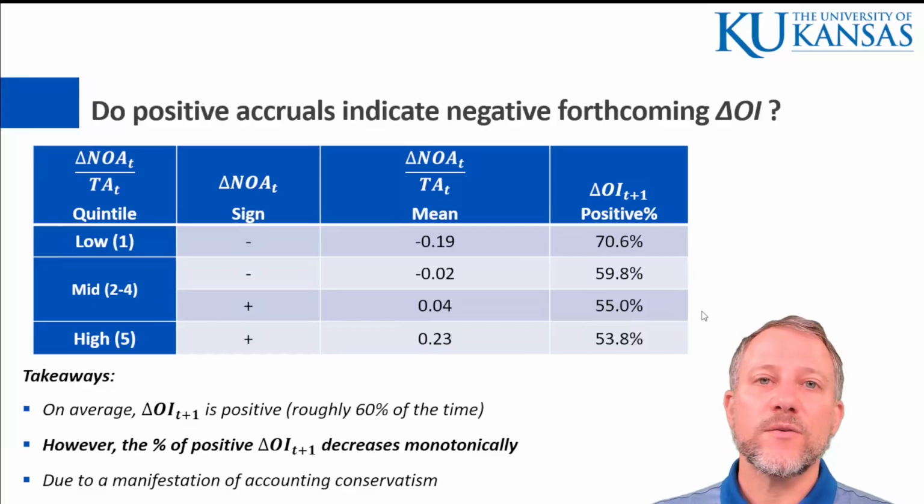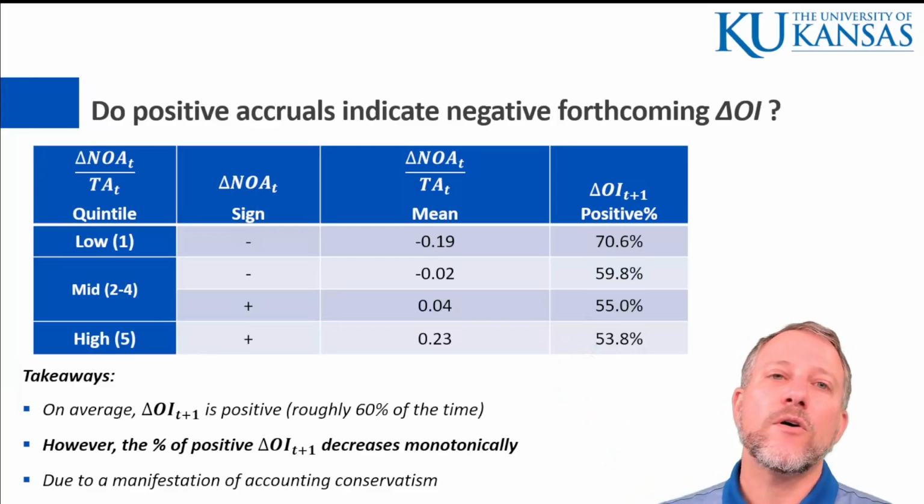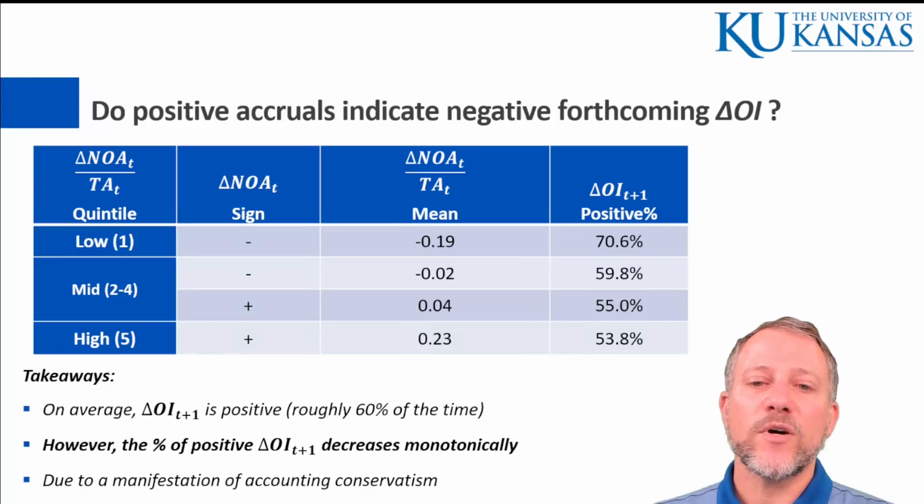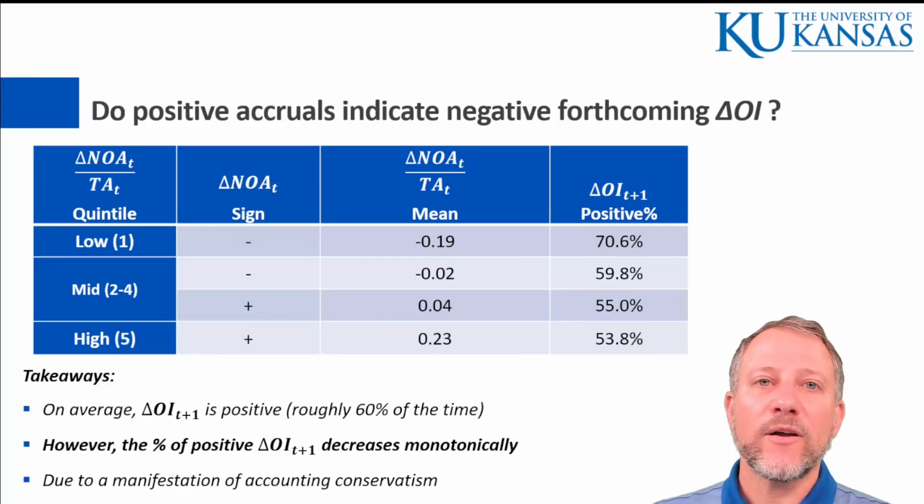This goes back to what we talked about before in the growth perspective, that companies have to grow or die. So the normal situation is that earnings are going to continue to grow and increase over time. But the question is, can we learn more about how much they're going to increase, or the probability they're going to increase, based on their accruals?